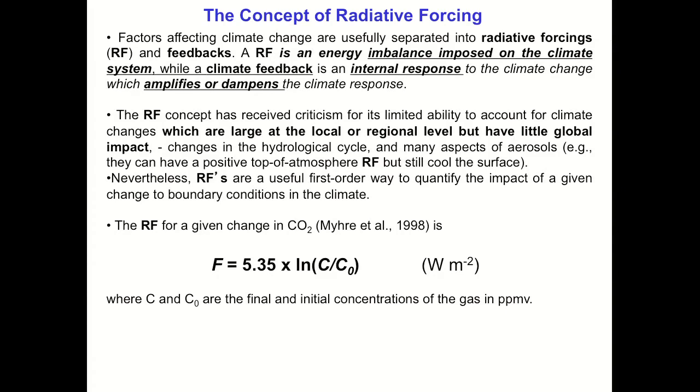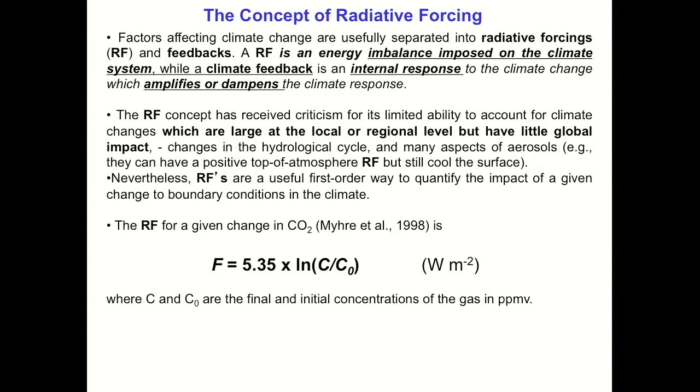And based on lots of model calculations, this is the basic equation that you try and remember for a given change in concentration and the change in radiative forcing that it produces. So F, the change in radiative forcing in watts per meter squared, is simply 5.35 times the log of C over C naught. I'm sure you can all remember that.